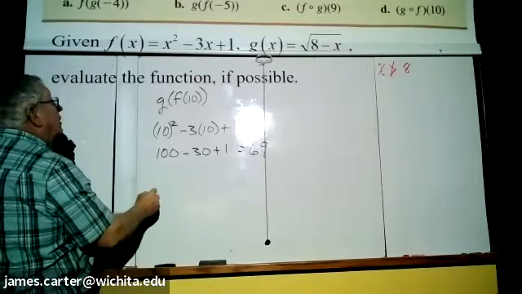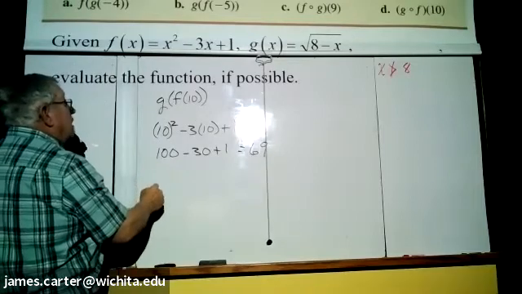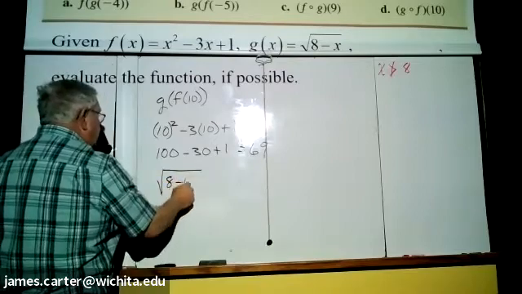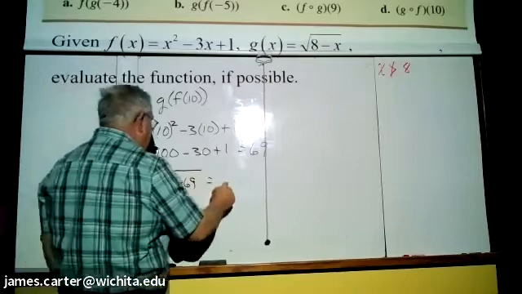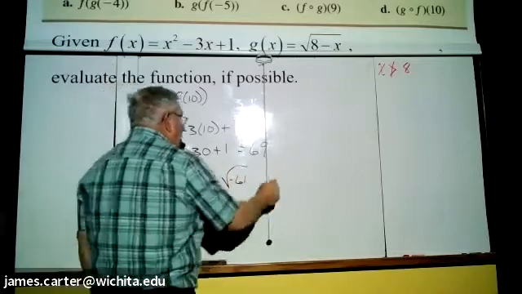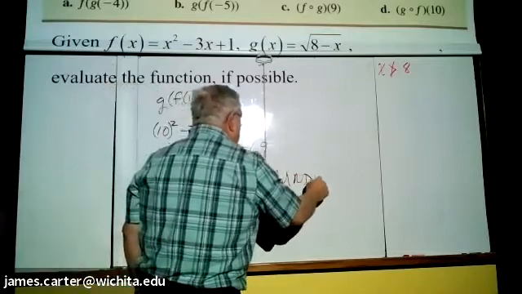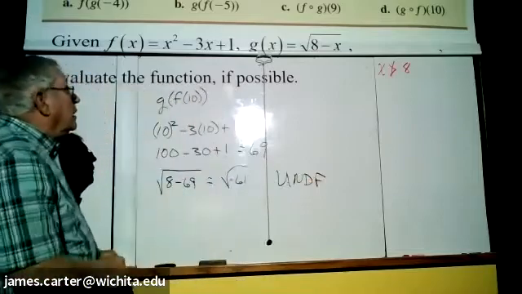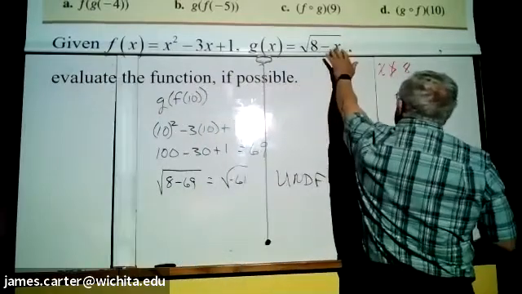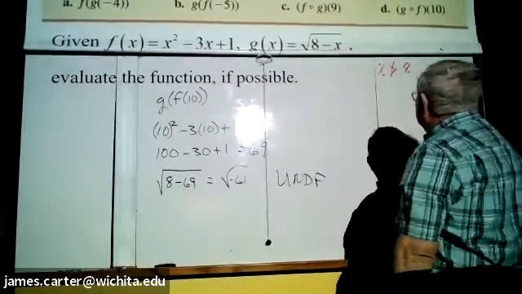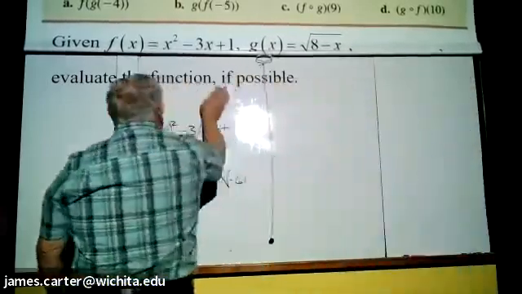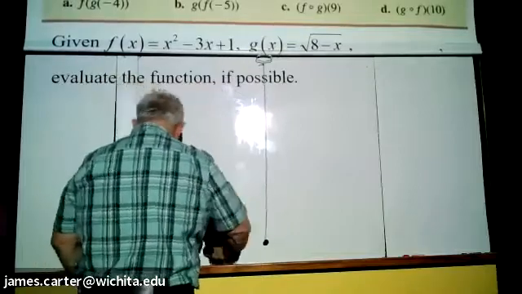So now we take the G equation, the square root of 8 minus 69, which is equal to the square root of -61, undefined. Again, when we have radicals and when we have variables in the denominator of a fraction, we've got to do that domain check to see what answers are not usable.